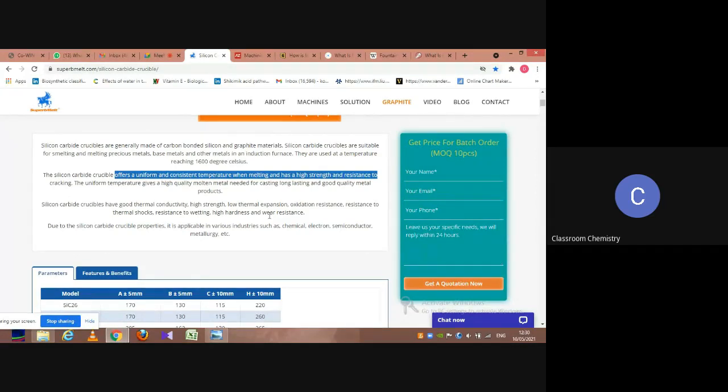And these properties make this silicon carbide crucible useful. Okay, so due to these properties, it is applicable in various industries. Where all can we use it? Such as chemical, electronics, semiconductor, and metallurgy, etc. So these are some industries where you can use this material.